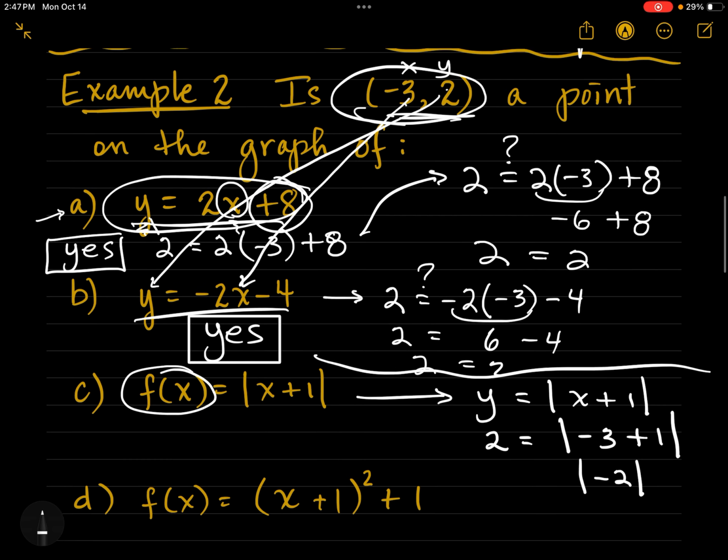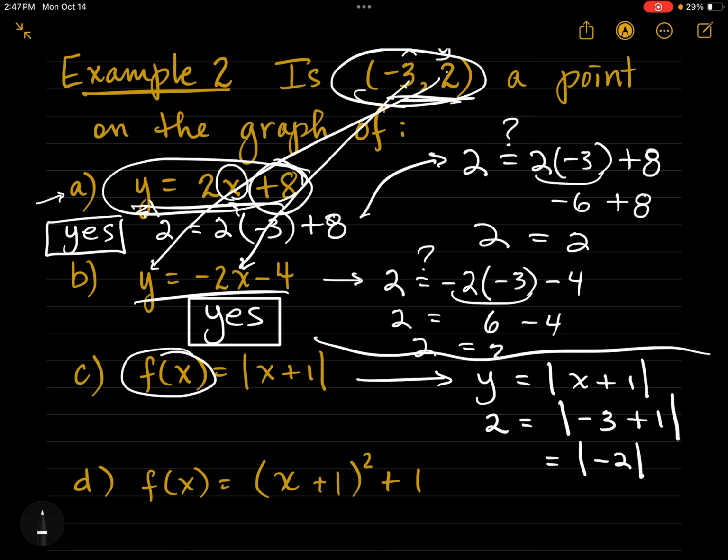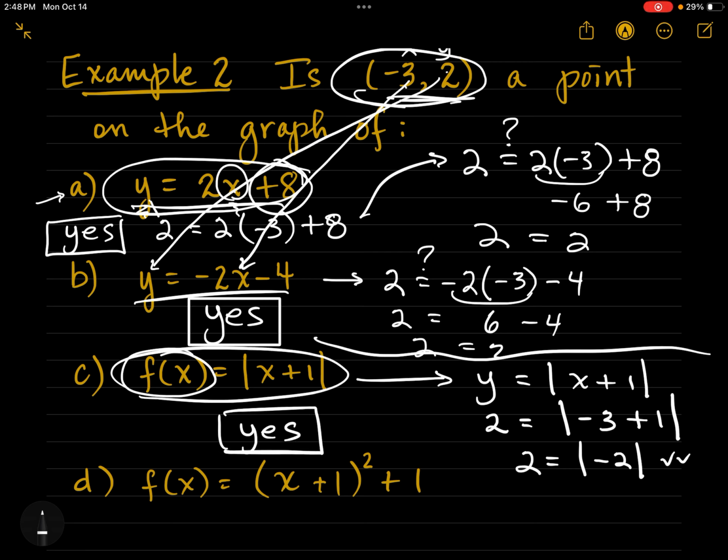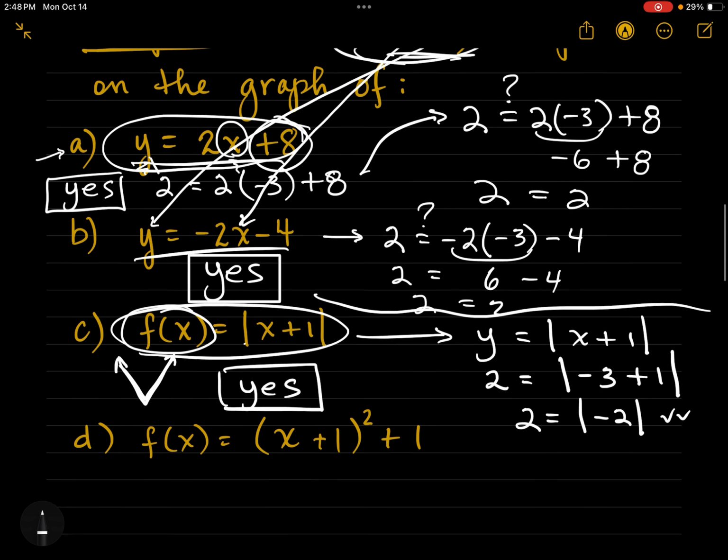So what's the absolute value of negative 2? You just make it positive. So this is definitely a true statement. And again, that point would fall on this graph. Don't forget, this graph looks like an absolute value. It is an absolute value. It looks like a V when you graph it.